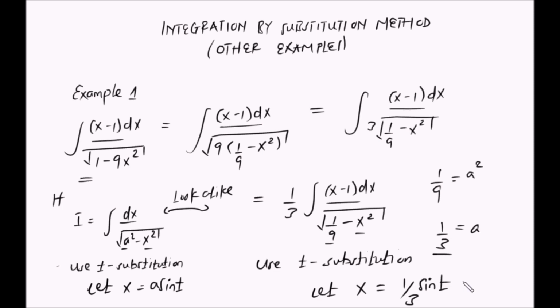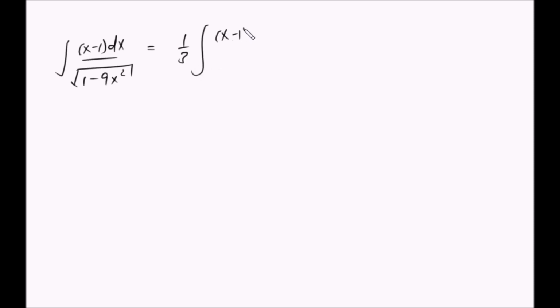Right? So this was our integral. X minus 1 dx over 1 minus 9x squared, the square root. So tumesema hii sasa tuna mtu aseme 1 over 3 integral x minus 1 dx over, so we had 1 over 9 minus x squared.